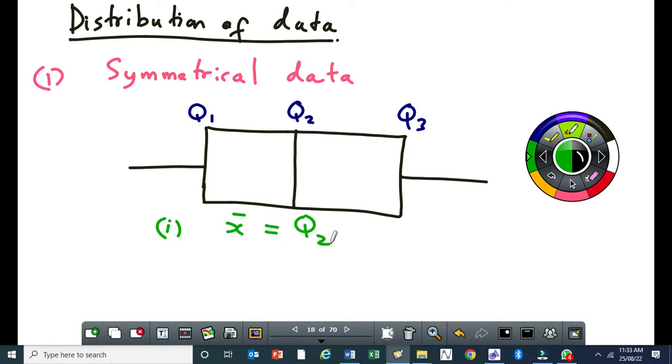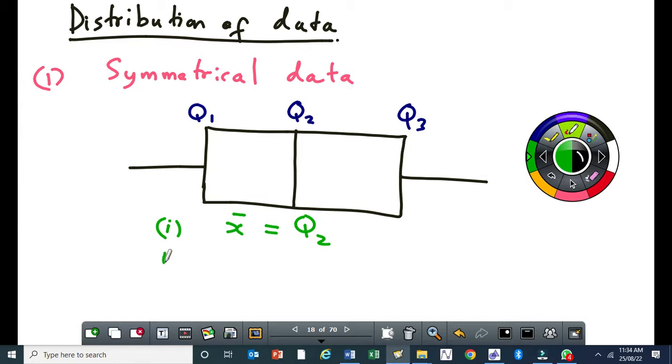Remember, x bar is the mean of the data set. So if the data set is symmetrical, it means that the mean will be equivalent to the median. And that case, in real life, is very, very rare.